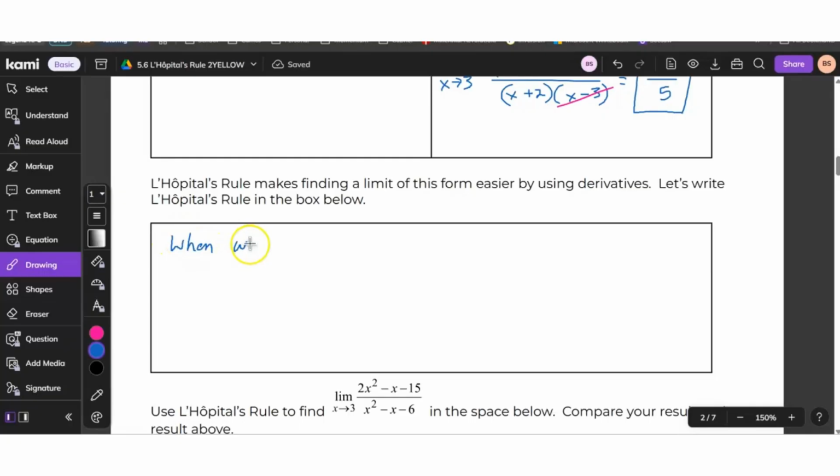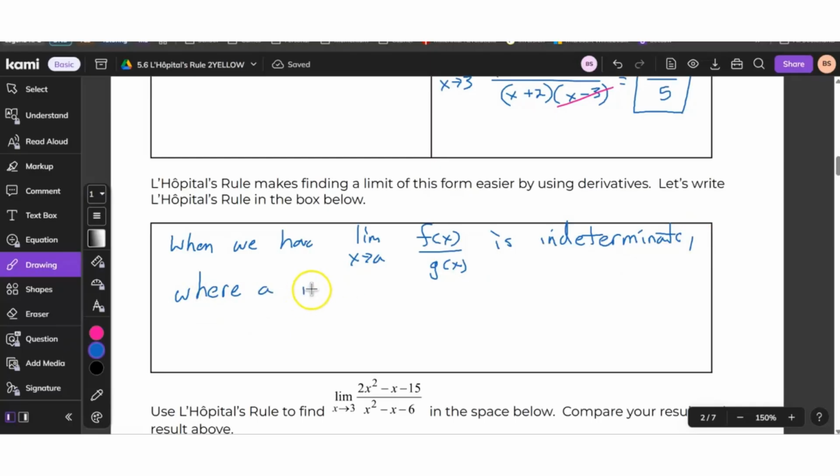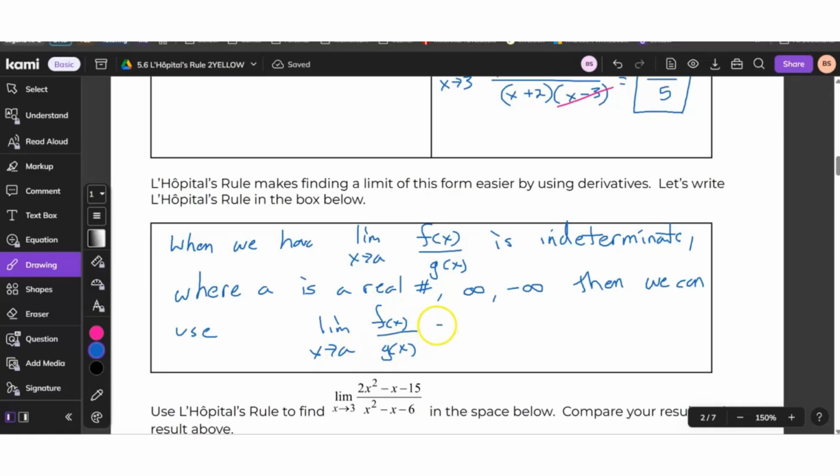When we have the limit as x approaches a of f of x over g of x is indeterminate, where a is a real number, infinity or negative infinity, as x approaches a, then we can use the limit as x approaches a of f of x over g of x is really the limit as x approaches a of f prime of x over g prime of x.